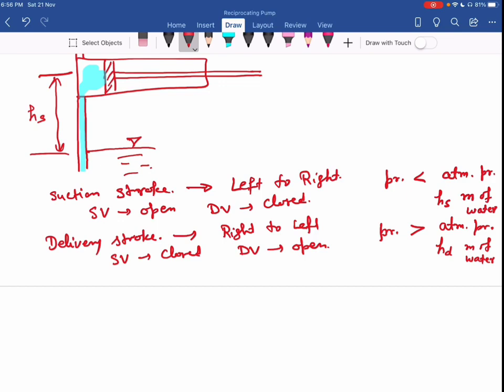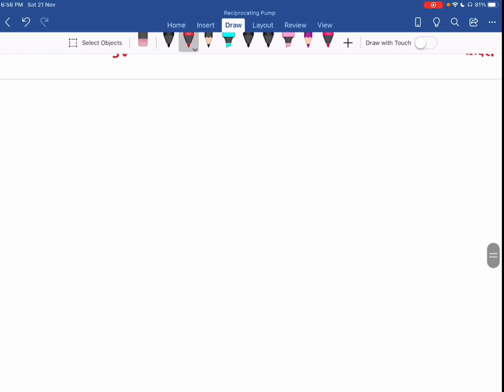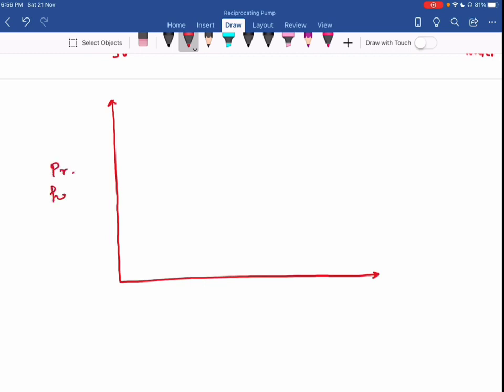Okay. So if now I try to draw this indicator diagram, you can see here along y-axis I have pressure head, along x-axis I have stroke length, and this is my atmospheric pressure.